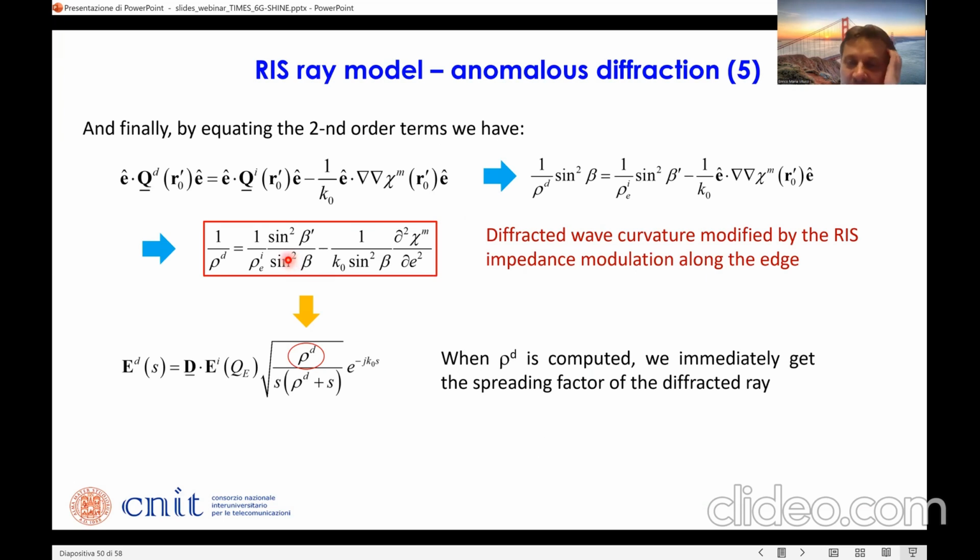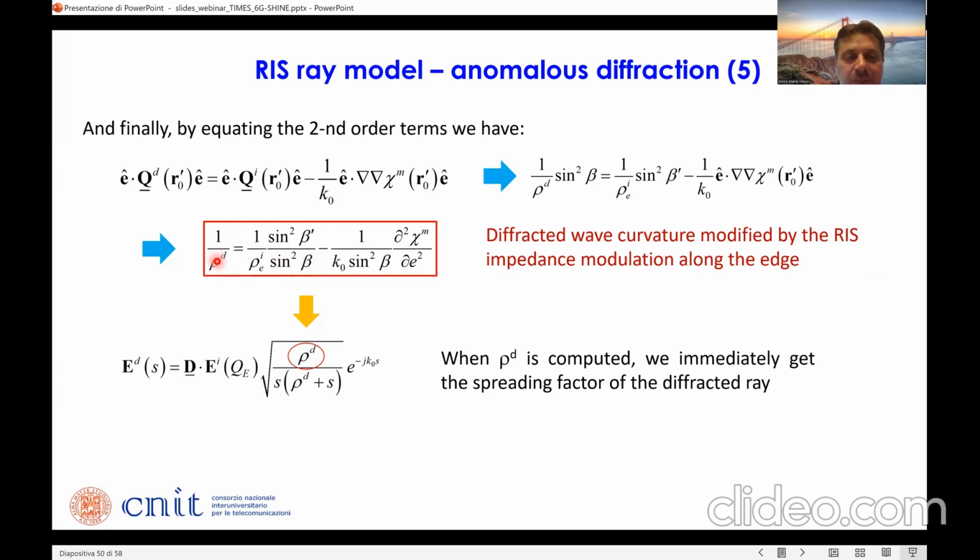In this case, we don't need to consider the whole curvature matrix of the diffracted ray, because we have only one curvature radius, rho d, so we can directly find the expression of this curvature radius, rho d, and it is the following one.